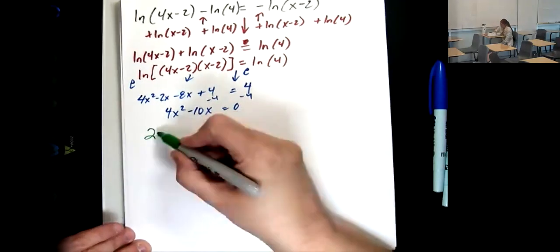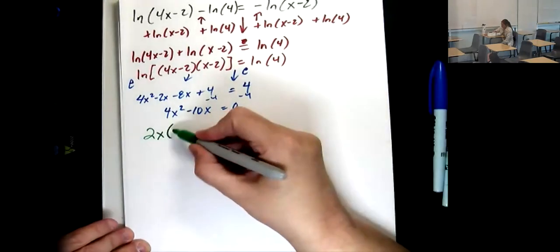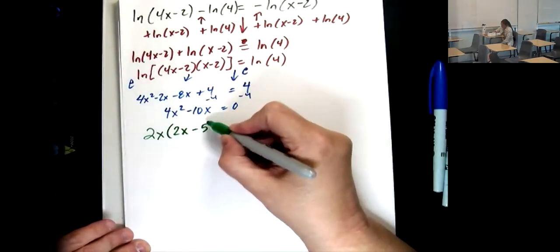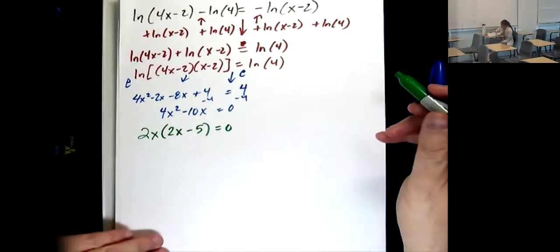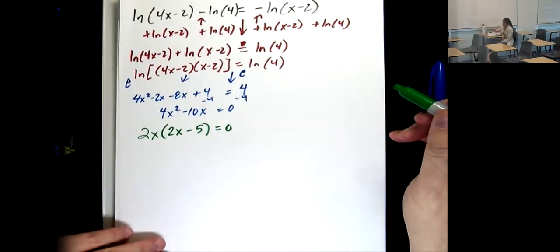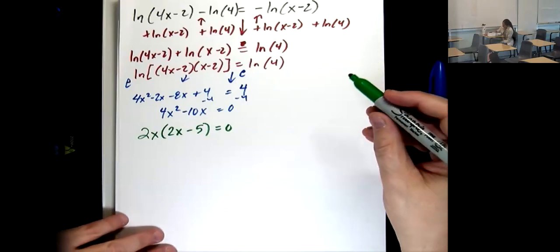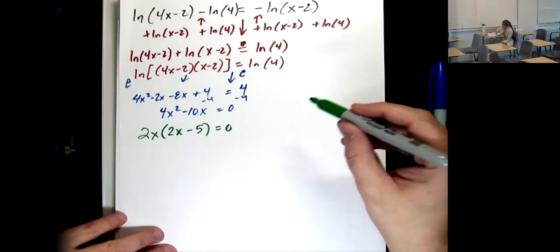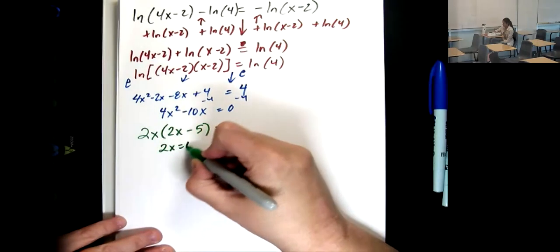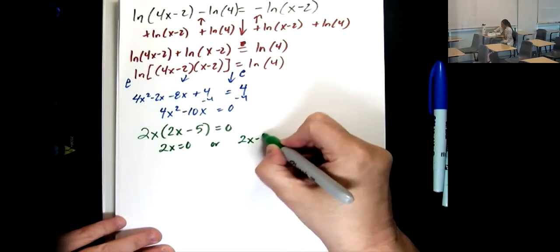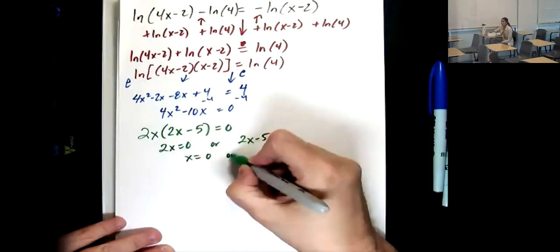And they're both divisible by x. If I do that, I'm left with 2x and 2x minus 5. This gets me 2x equals 0 or 2x minus 5 equals 0. So x equals 0 or 2.5.